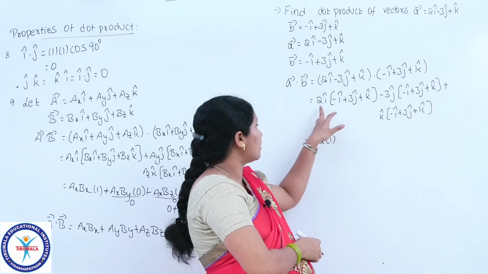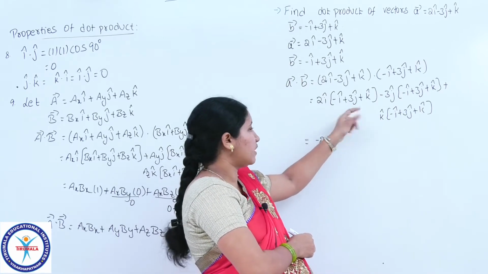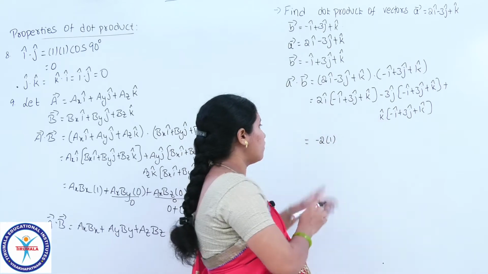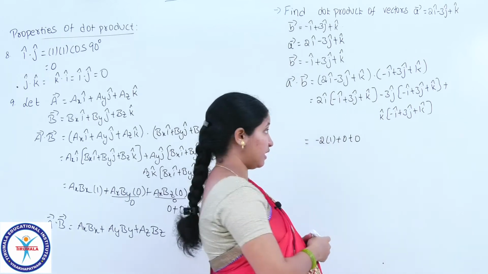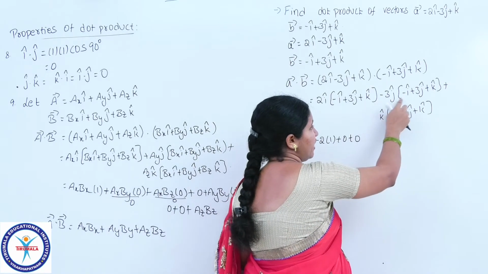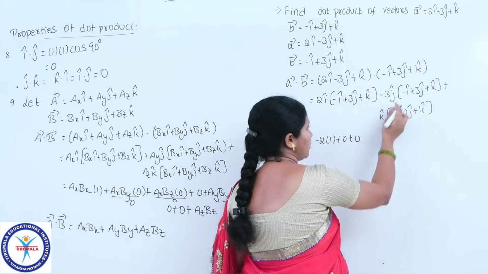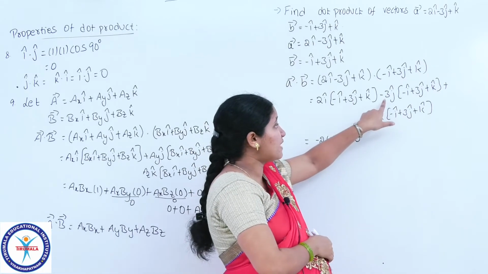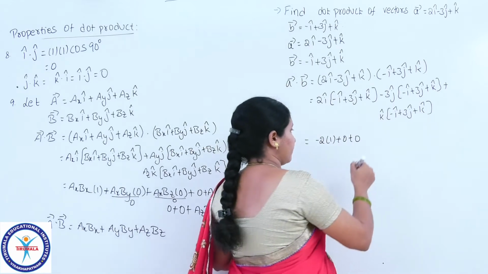And if we consider i dot j, it is 0, so the term becomes 0, and i dot k is also 0. So, we get zeros. And the next one, we are having j dot i is 0, so it is 0, and j dot j is 1, hence multiply its coefficients, that is minus 3 into plus 3.